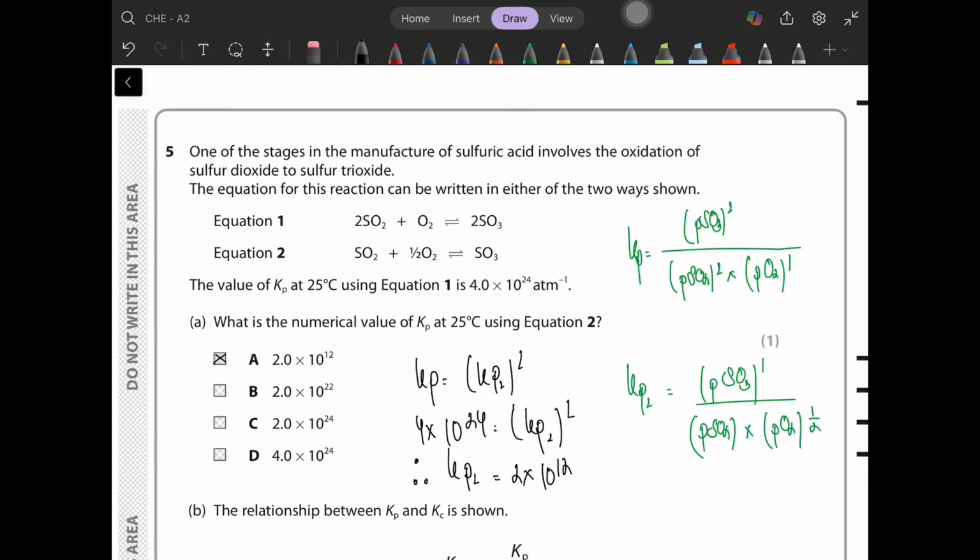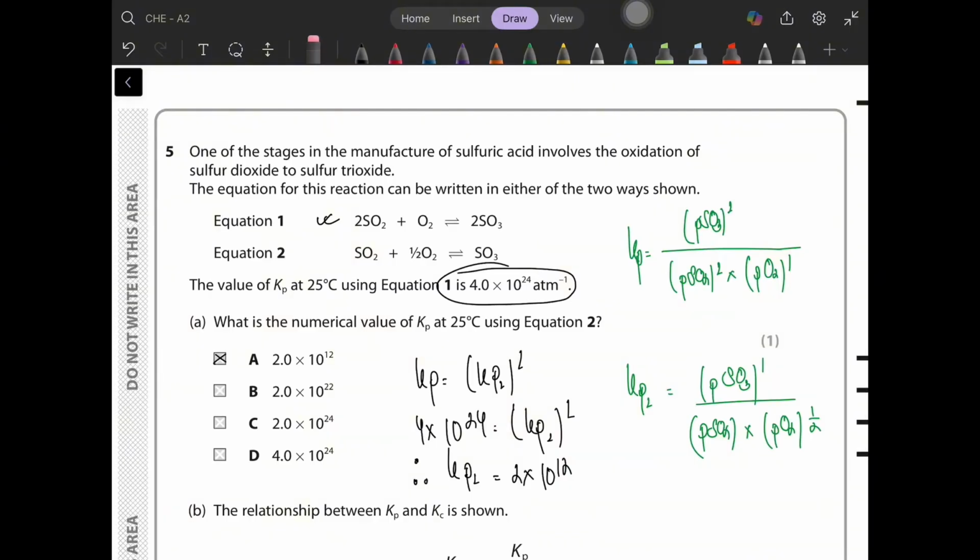One of the stages in the manufacture of sulfuric acid involves the oxidation of sulfur dioxide to sulfur trioxide, equation 1. Equation 2: sulfur dioxide plus half oxygen leads to the formation of sulfur trioxide. The Kp at 25 degrees Celsius for equation 1 is this Kp. What is the numerical value of Kp for equation 2?